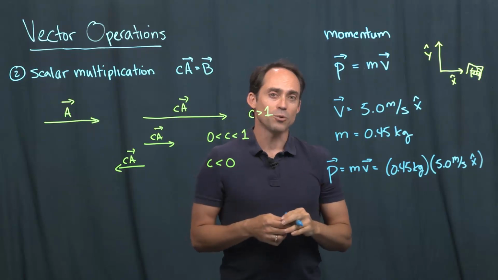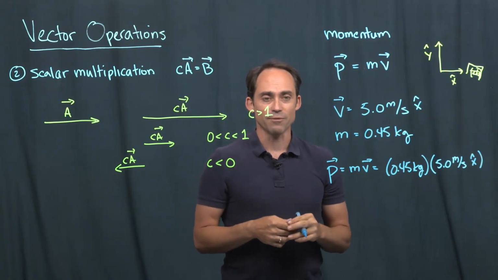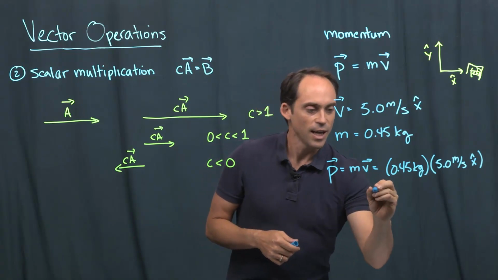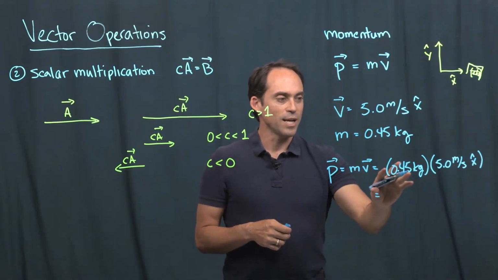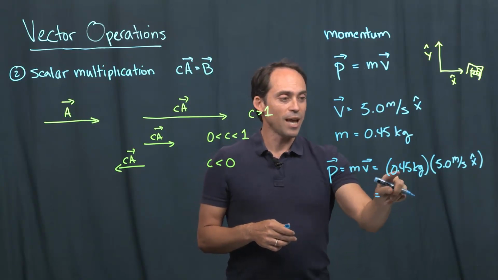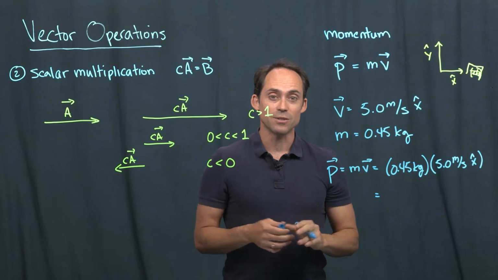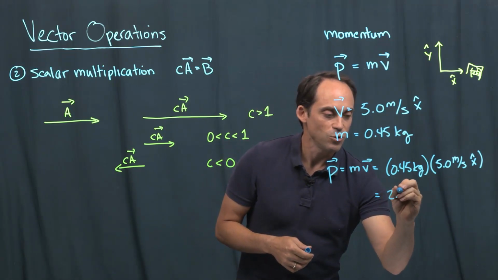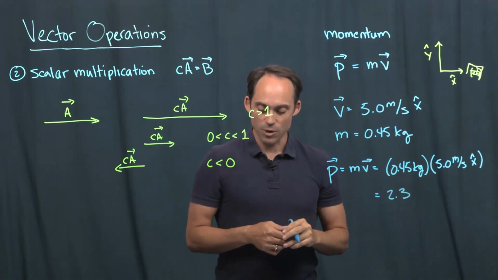And now we go back to our best practices for multiplying and combining physical quantities. We want to combine the numbers first. And again, we'd be tempted to write down the exact number, which is about 2.25, but we only have 2 significant digits in each of these numbers. So we have to round off that number to 2 significant digits, which is 2.3.